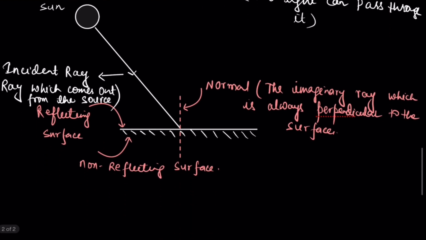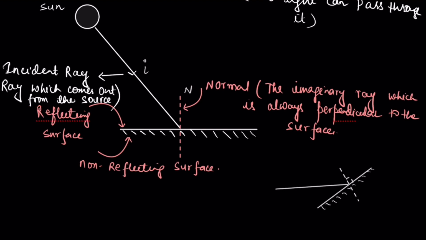If I make the surface like this, this is our opaque body, and I take the incident ray here, normal will be perpendicular to the surface. According to the surface, normal will always be perpendicular to it. That's the meaning of normal. The incident ray is represented as I, and this is represented as N.